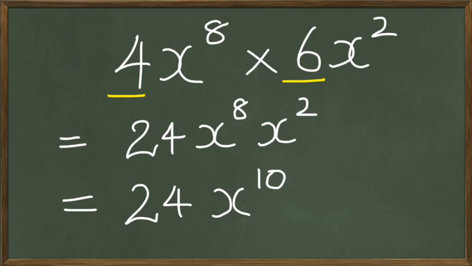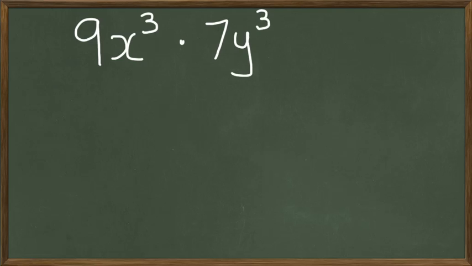Okay, let's do our last example, and after this you should really have got multiplying index expressions. Well, let's see. I'm going to give this problem here. 9x cubed multiplied, actually let's start using the dot, multiplied by 7y cubed multiplied by x cubed and y to the power of 5.